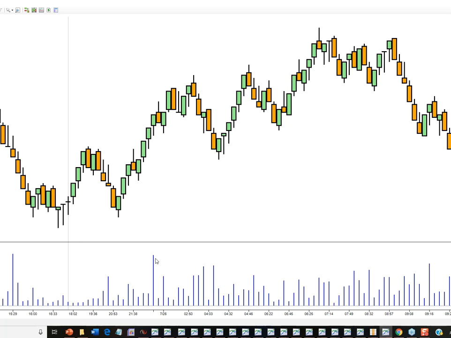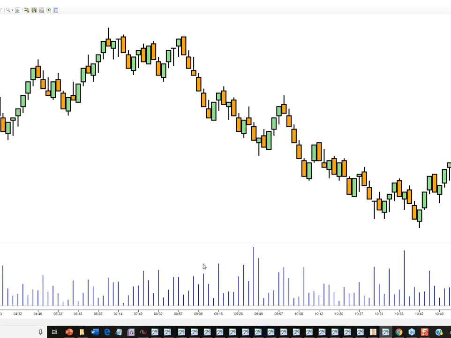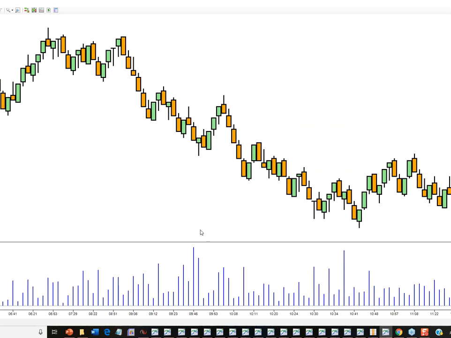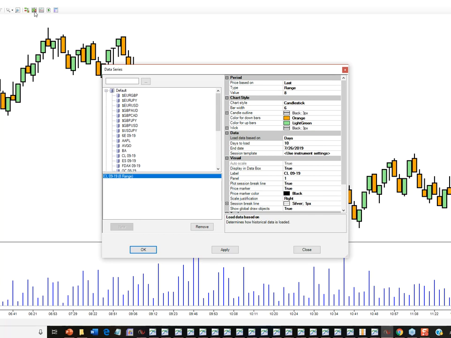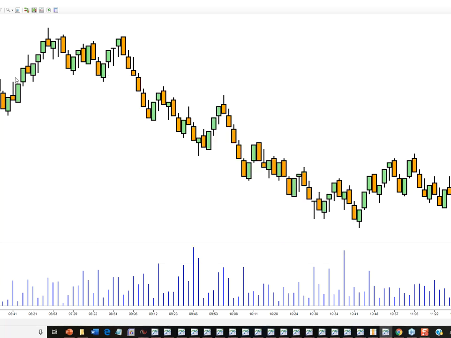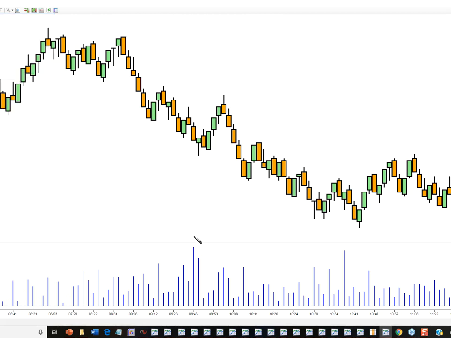When you see volume spikes like this, retrospectively, I see lots of webinars where an analysis is done associating this spike with this candle.